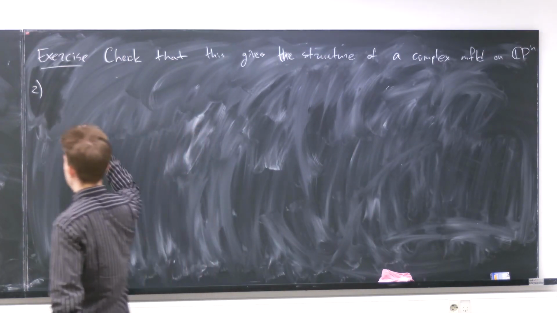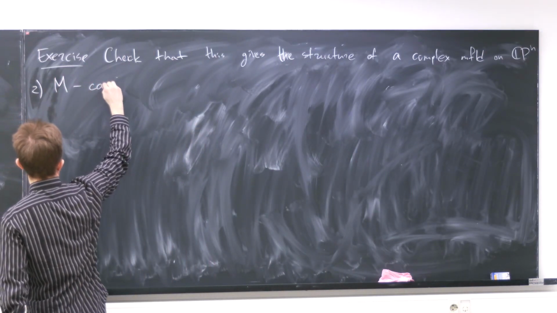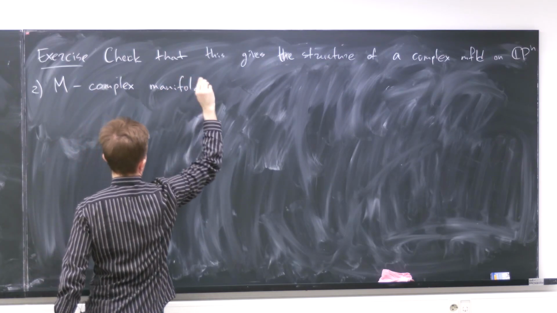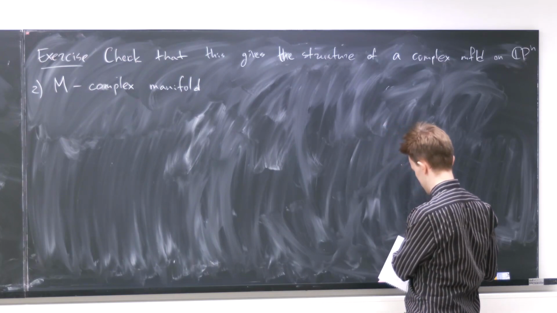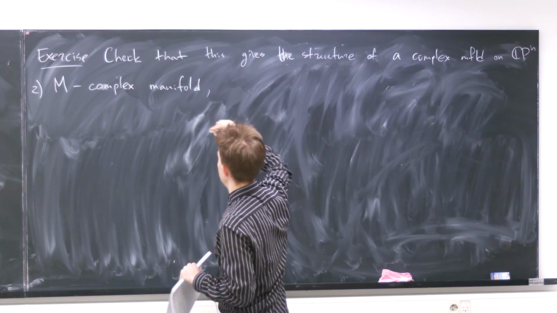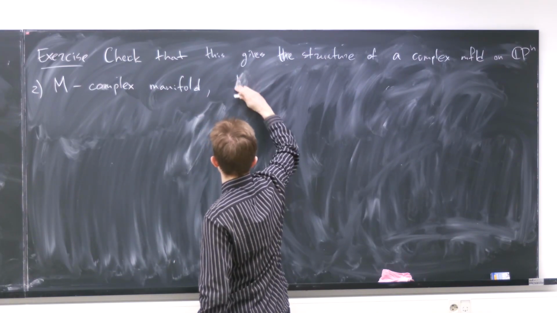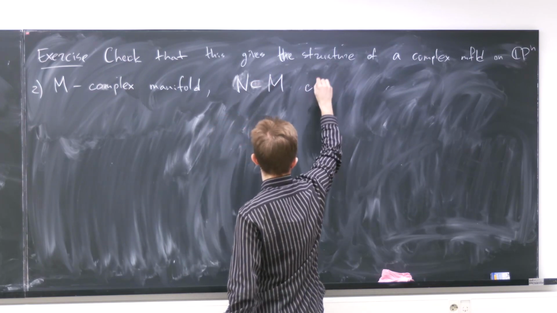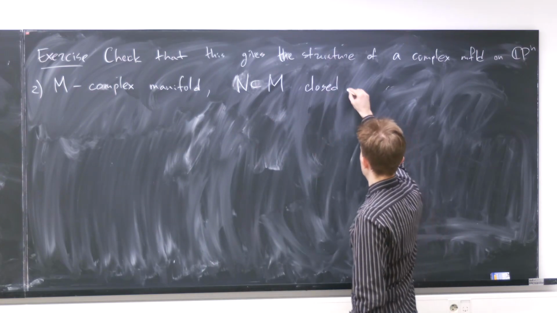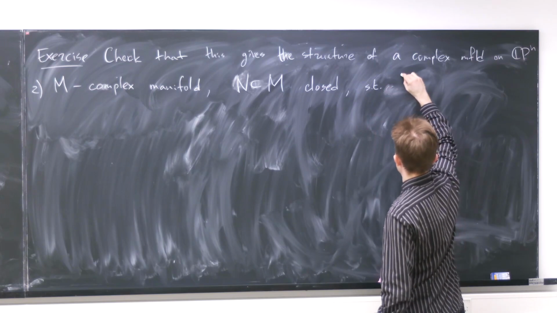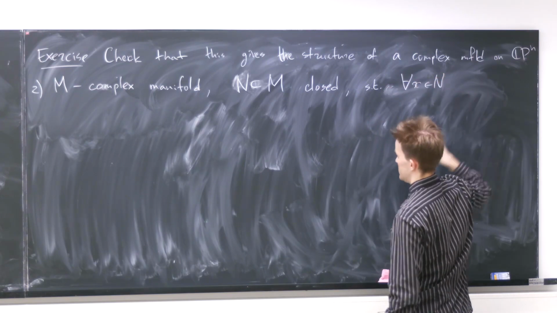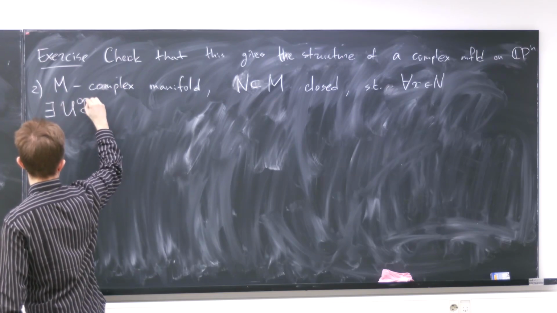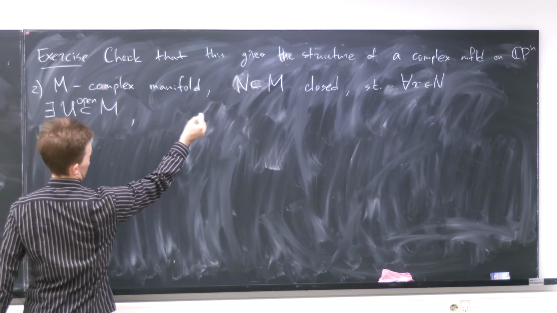So not necessarily in CPn, but assume that we have just some complex manifold M, and let's say we have some closed subset N, N is a subset of M, so this is closed, such that every point x in N has a neighborhood U. So this is an open subset of M containing this point x.